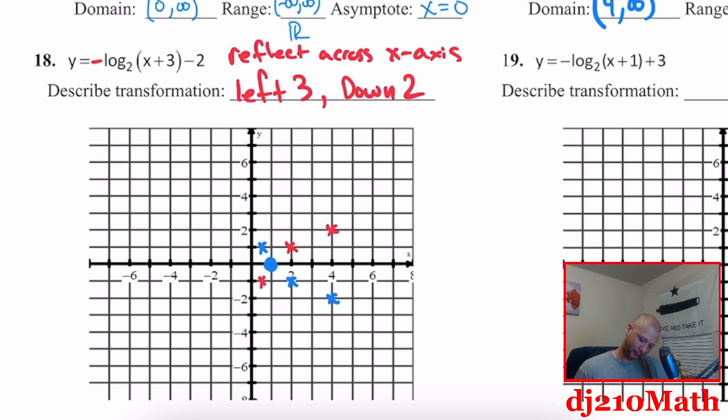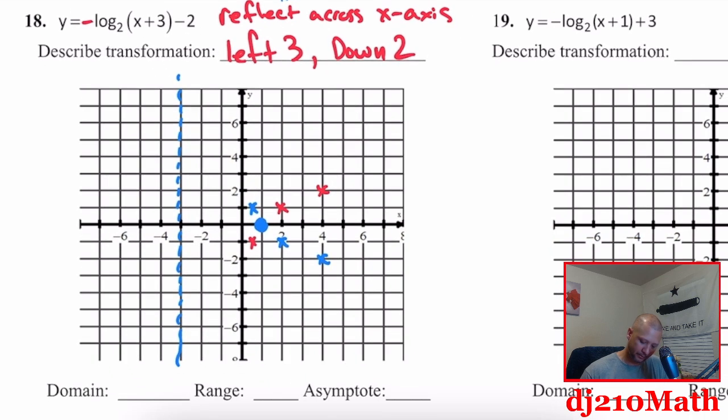All right. We need to go left 3 and down 2. So that means the asymptote is to the left. 1, 2, 3. So here's the asymptote through -3. And these points will go left and down. So 3. So that guy moved here. Here.